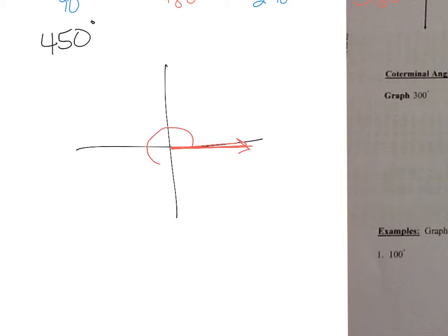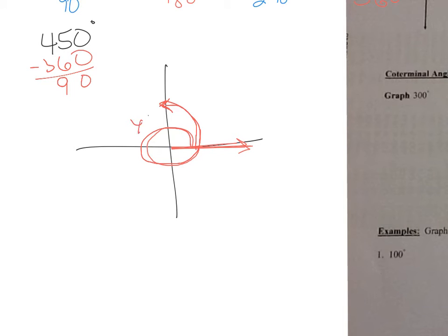It goes around, because that would be 360, and then it terminates in one of the quadrants. Now to see where it falls, you take 450 minus 360. We get 90. So it comes around and terminates right here.